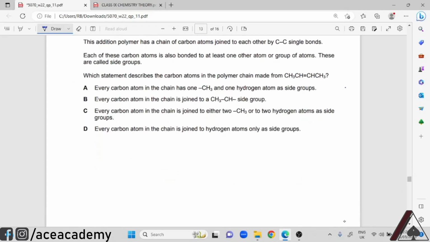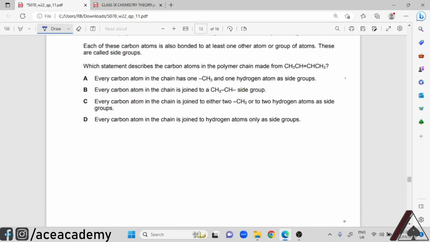If we draw the structure, we know that we have been given the structure of, yeah, when we polymerize this thing, we get something like this. So this was the original monomer.